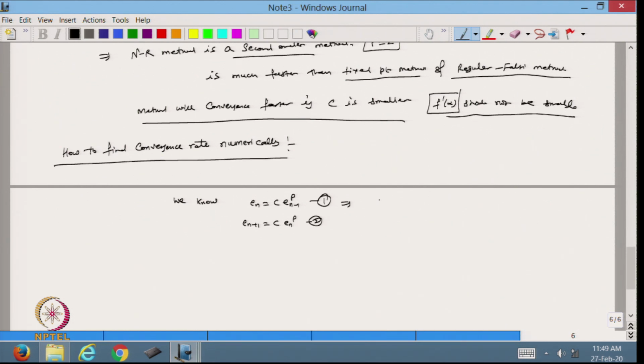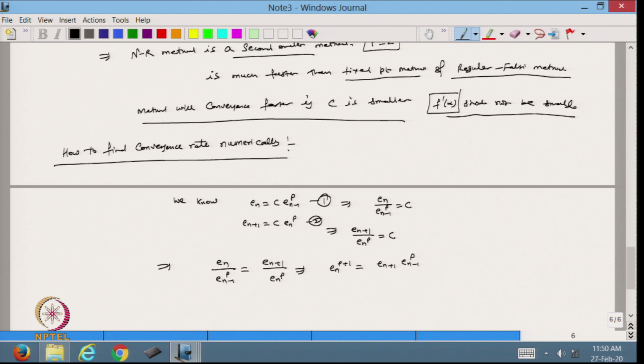So, based on this I can write En over En minus 1 to the power p is equal to C, and similarly En plus 1 over En to the power p is equal to C. So, from here I can write En to the power p plus 1 as En plus 1 into En minus 1 to the power p.